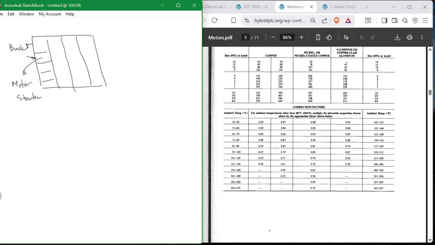Now, each of these motors has a size to them, okay? So if you have a 30 horsepower motor that you want to start, a 50 horsepower motor that you want to start, a 10 horsepower motor you want to start, okay? Now, if the person that sizes the project sizes it correctly, that motor will run at full load. If they undersize it, it won't start.